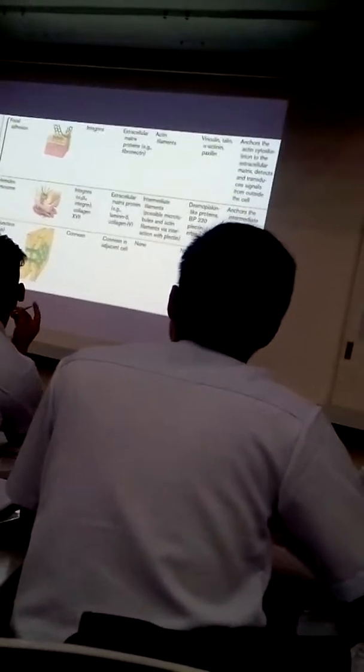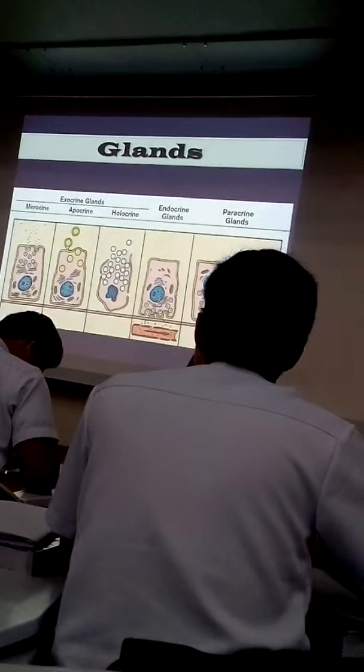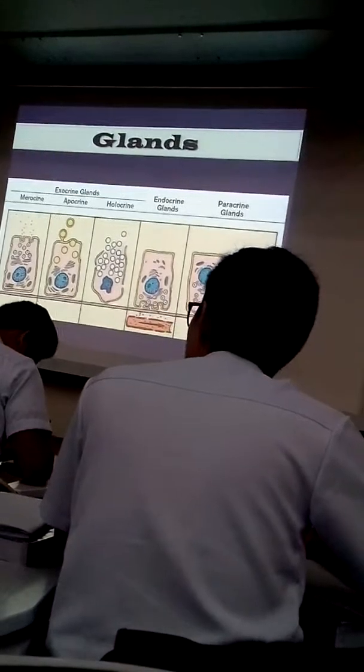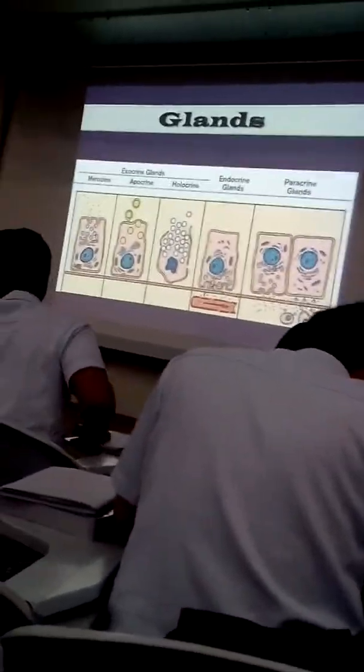These ones are in the basal domain, the focal adhesion and the hemidesmosome. And as I mentioned earlier, the gap junction or the nexus. So we're already in the glands. With regards to the glands, we have exocrine versus endocrine, and of course paracrine.